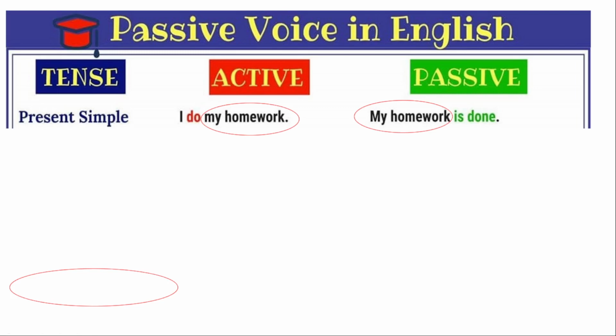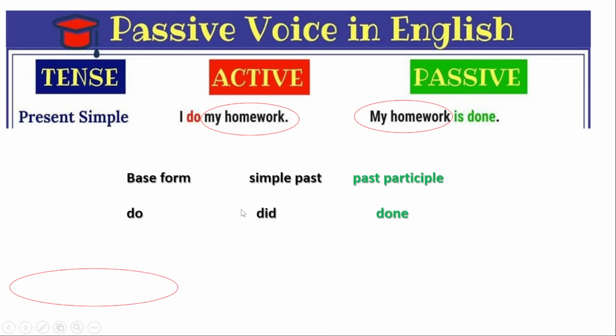Then something very important is that I must learn the verbs, because if I don't know the verbs in their three forms, base form, simple past, and past participle, I won't be able to know in which tense each sentence is. So example, I do my homework is a simple present sentence because my verb is in the base form.